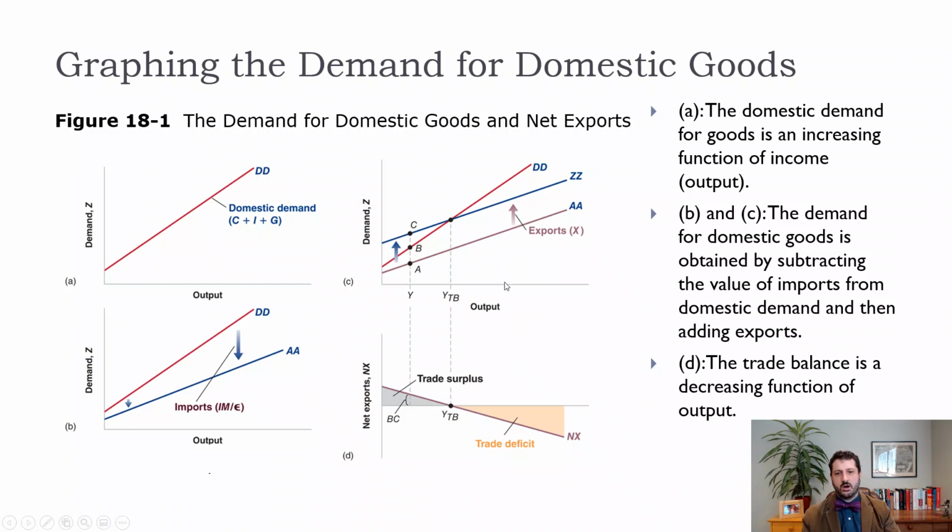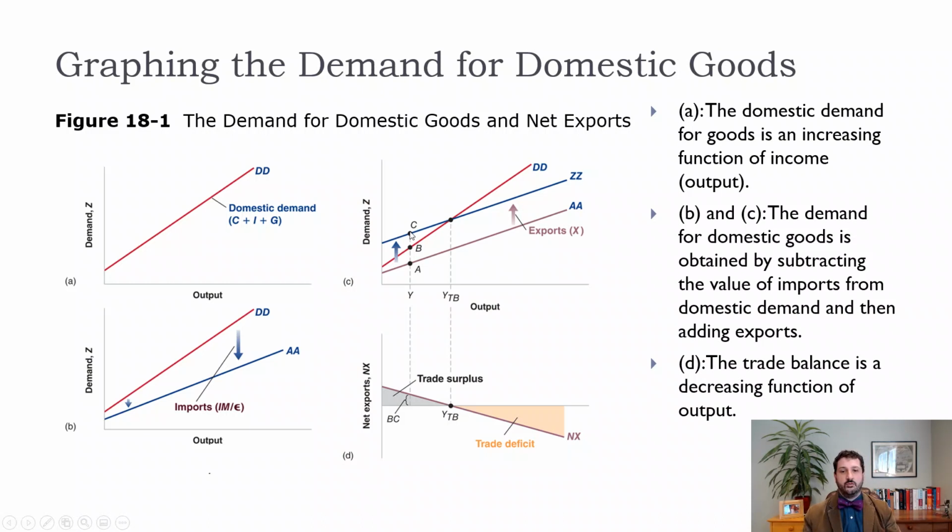And so our equilibrium then is here, and we can see, when we have the same domestic demand and demand for domestic goods, where this crosses, that's our trade balance. We don't have to be there. We could be there, right? But we don't have to be.